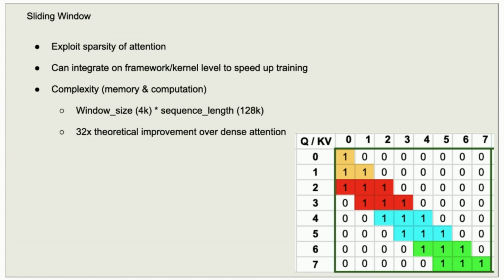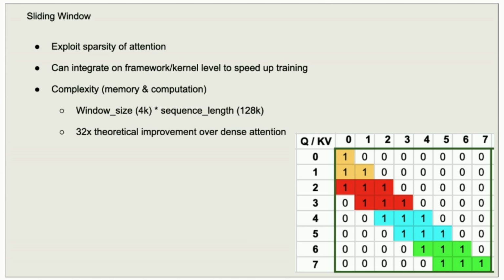of the query tokens. And if you design the framework properly, it can actually speed up training time and also improve the memory overhead. So in terms of the complexity, if you look at the graph, for each of the queries, we're only computing a number of tokens equal to the window size.